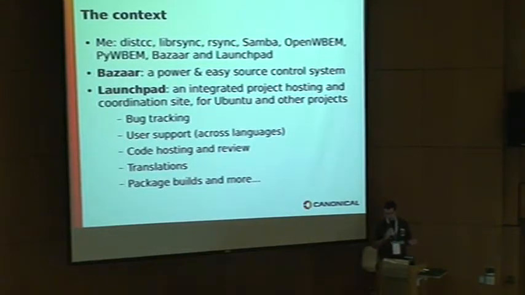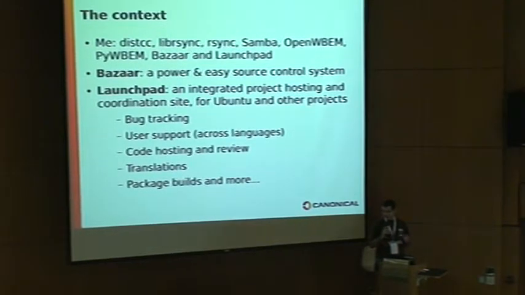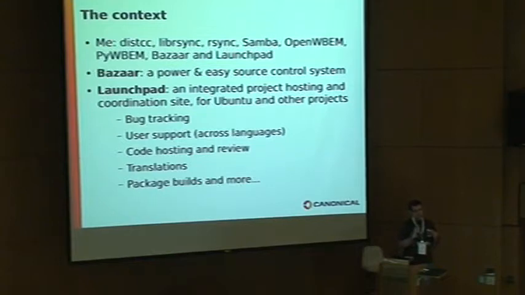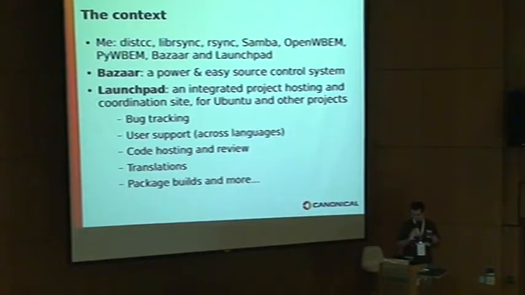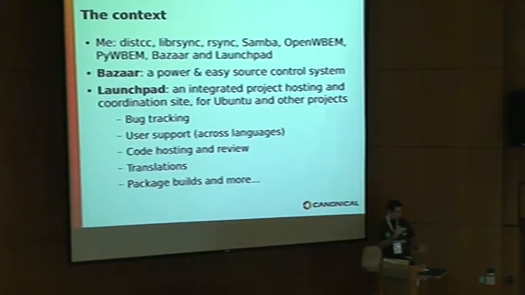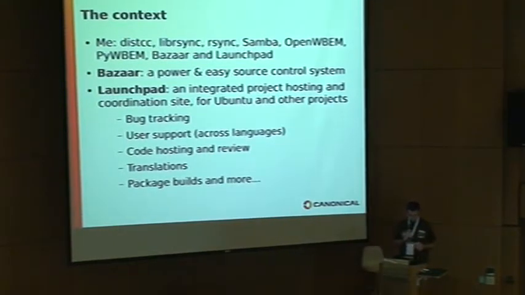Bazaar, a powerful open source version control system for sharing and collaborating on code. And Launchpad, which is a website for project hosting, for storing your code, for doing bug tracking and user support, code review, translations, package builds, and much more.